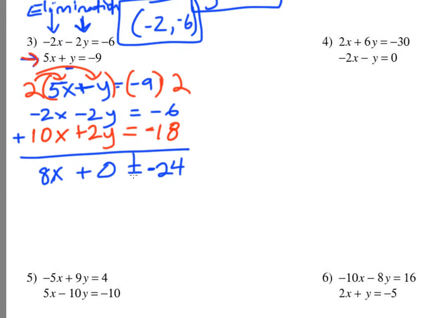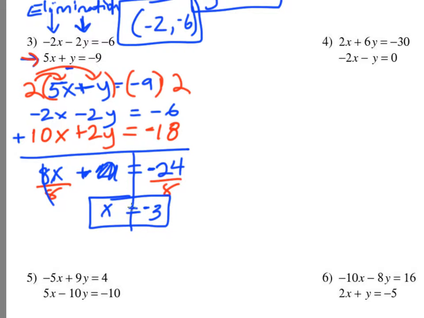All right, this 0 doesn't really matter, so I'm just going to get rid of him. So 8x equals negative 24. So if we divide by 8 on both sides, that becomes a 1, x equals 24 divided by 8. 8 goes into 24 3 times with a negative in front. All right, so we've got x equals negative 3.